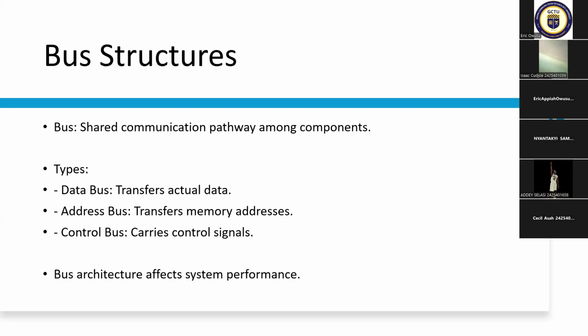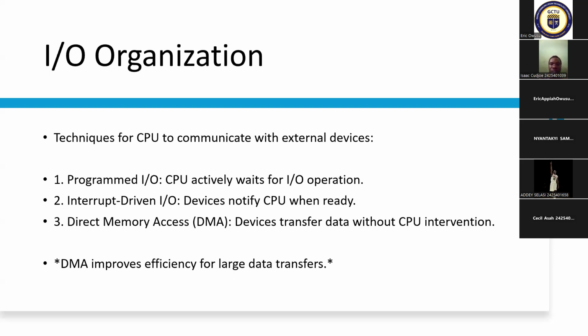A real-world example is a modern computer: the CPU uses the address bus to locate where in RAM it needs to fetch data, and that data is carried back to the CPU on the data bus. All of this is controlled by the control bus, which tells memory whether it is a read or write operation and when to do it. That's all for the bus structures.